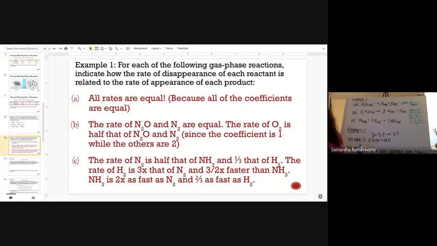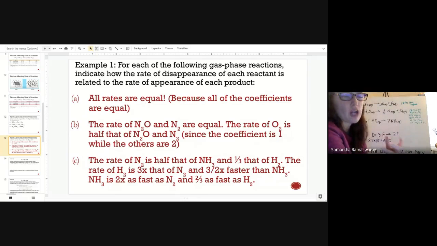I typed it out on this slide so that you can see it more easily. The rate of N2O and N2 are equal because the coefficients are the same. The rate of O2 is half that of N2O and N2, because the coefficient is half of the other coefficients.